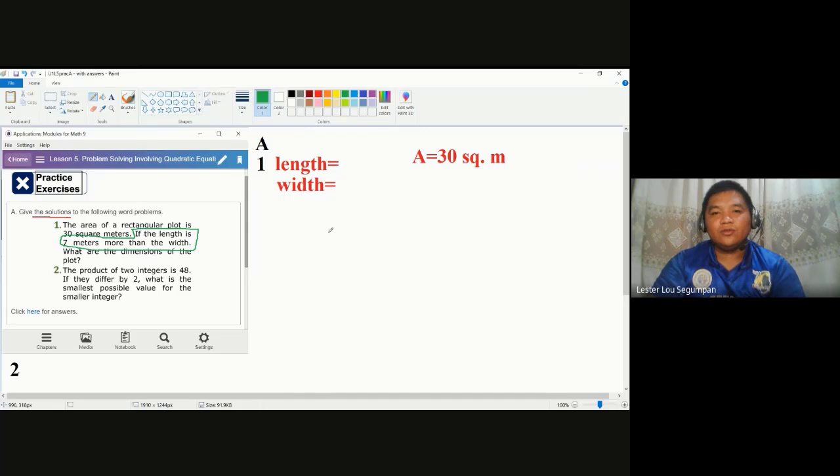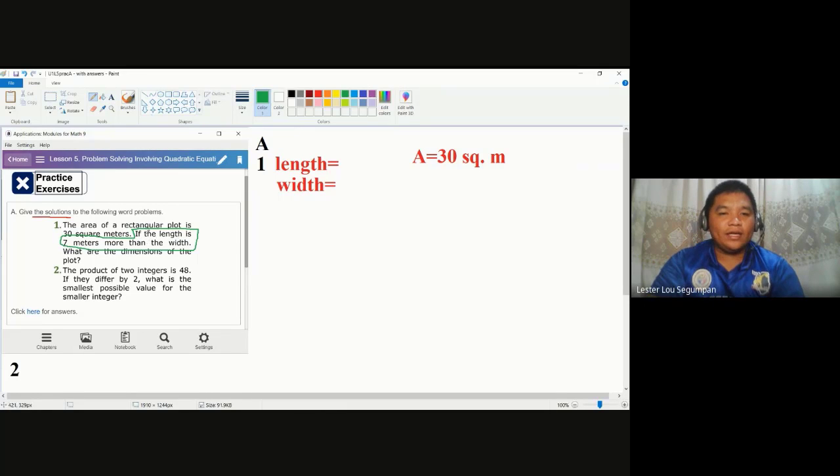Let us assign a variable for the unknown length and width, so that we could look into the relationships of the two when we talk about area later. We may use the letters W for the width and L for length, but let's just use the relationship using the width here.